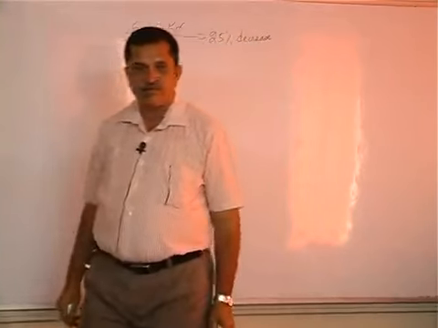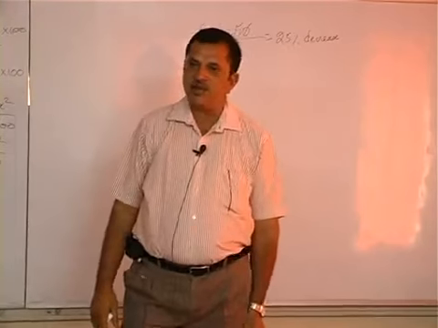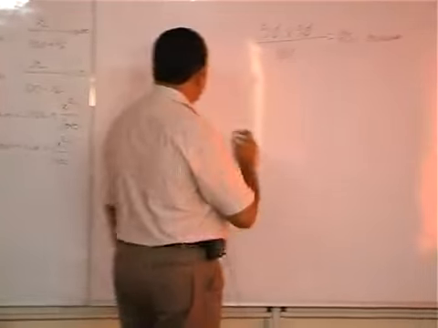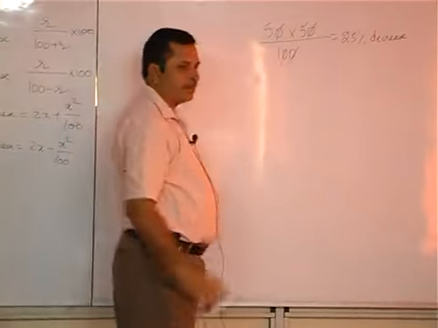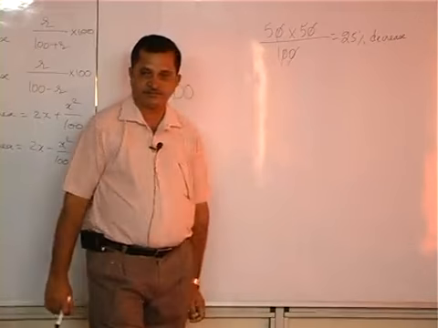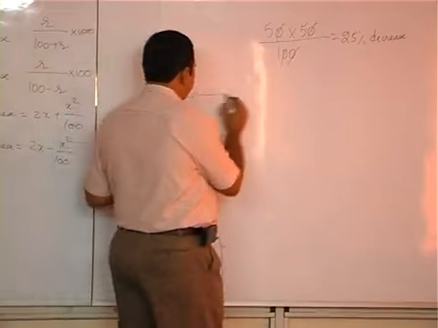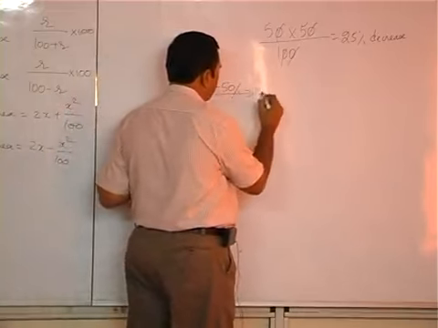What is the overall effect? Totally the salary will be decreased by 25%. If you want to solve the problem, let us assume the original salary of a person is 100. Increased by 50% means it has become 150.